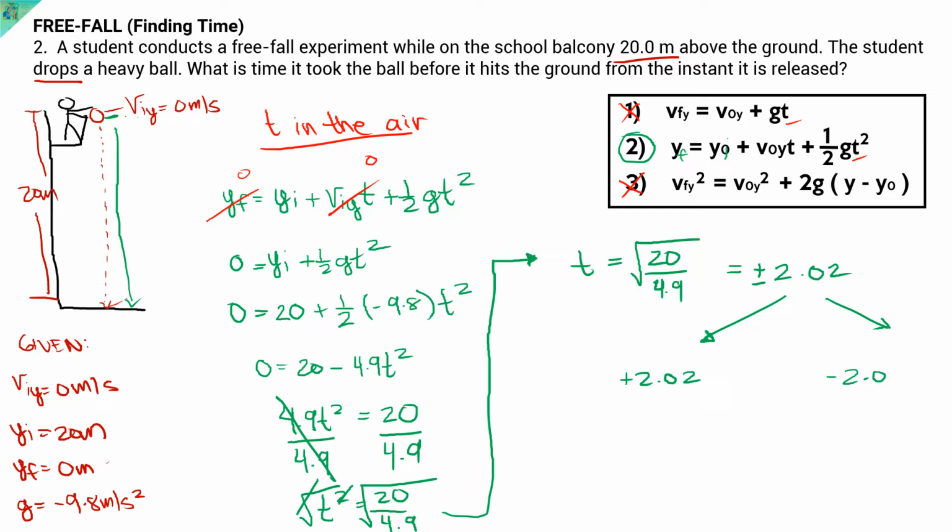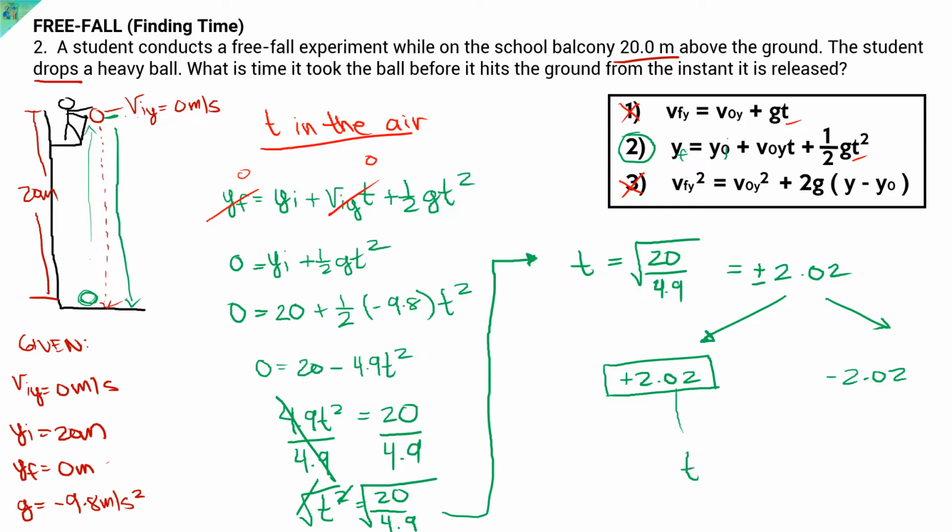Meanwhile, a negative 2.02 means that our story started here at the ground and it should move papunta doon sa may upward. So ground up, which means that since our story started from here at the top going to the ground, the more applicable answer would be a positive 2.02.